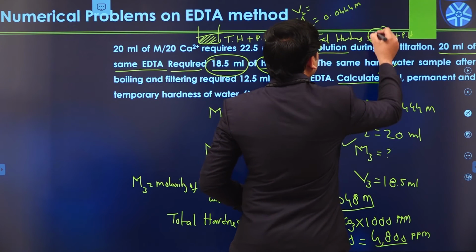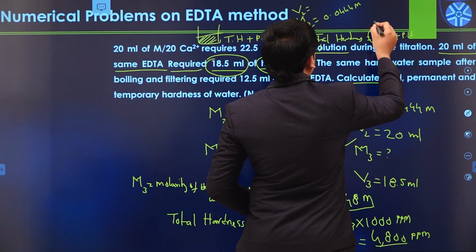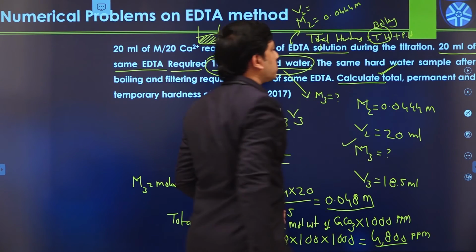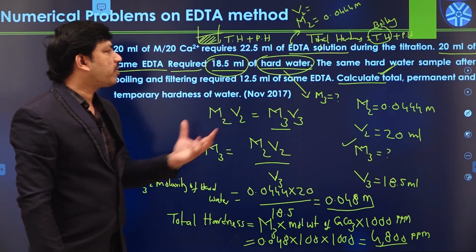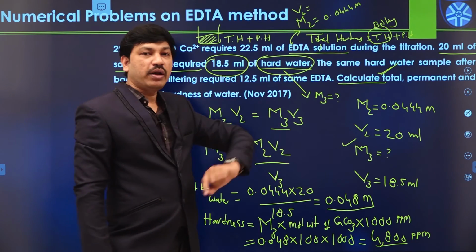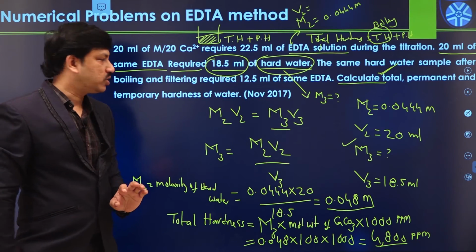We can easily remove the temporary hardness by doing a simple boiling process. If you do a simple boiling process, what will happen? From the water sample, the temporary hardness is removed, and the remaining water sample has only permanent hardness.